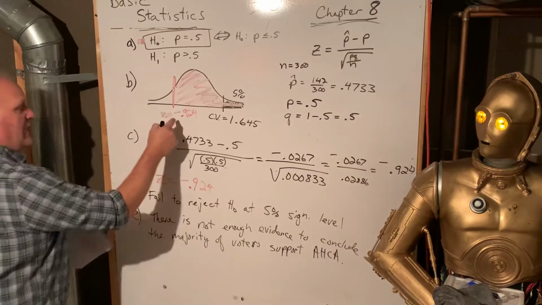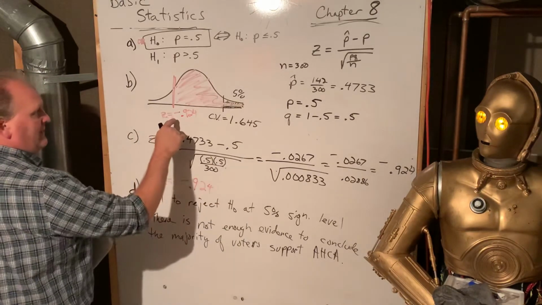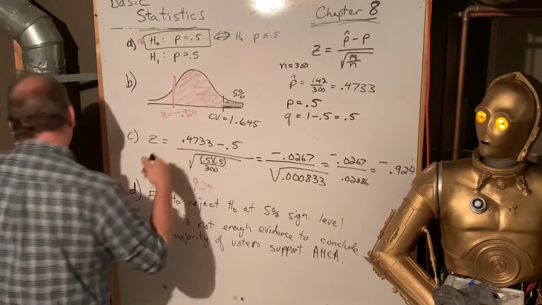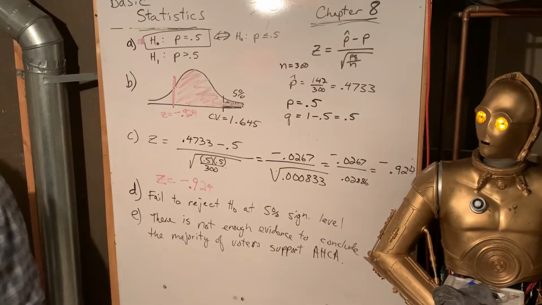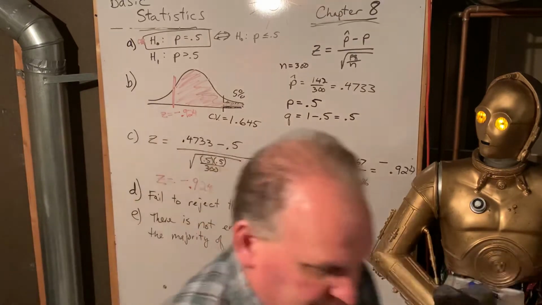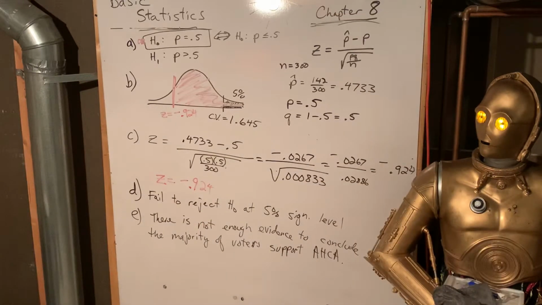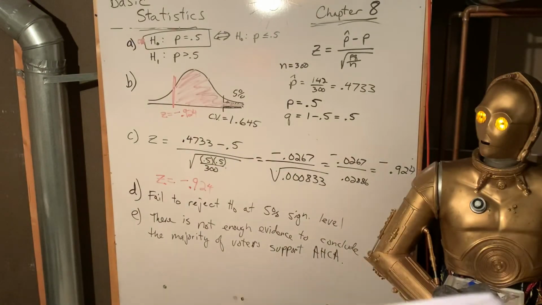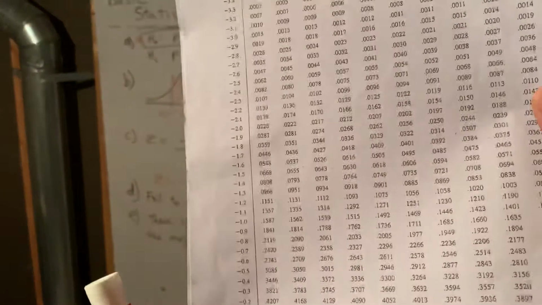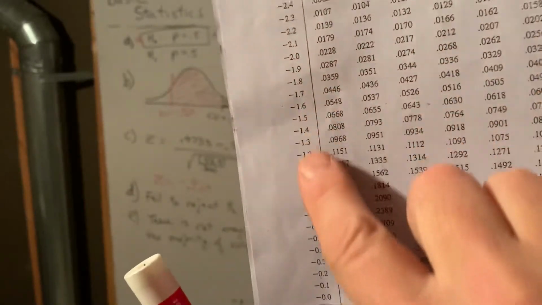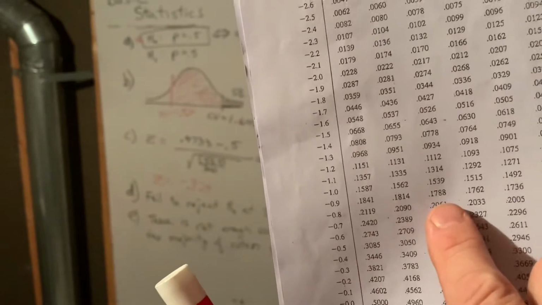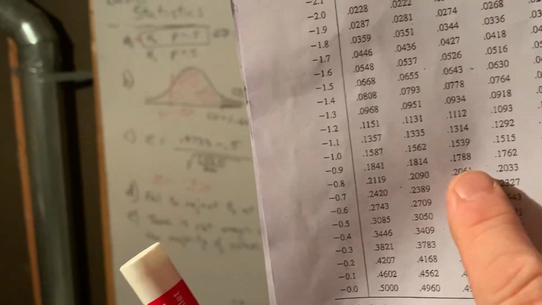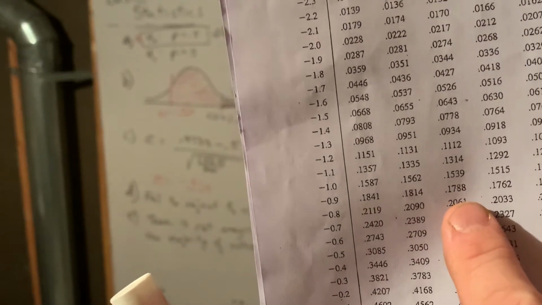When you look up negative 0.92 on the chart, here, I'll show you the chart. So here's our chart, negative 0.92, 0.1788.